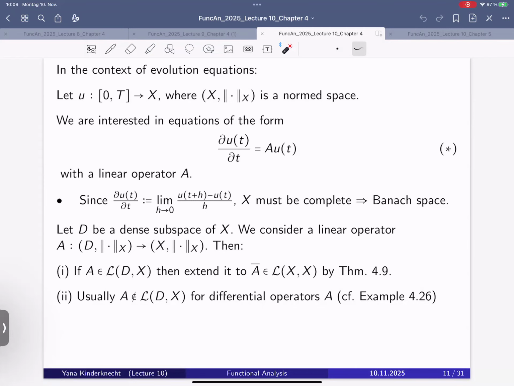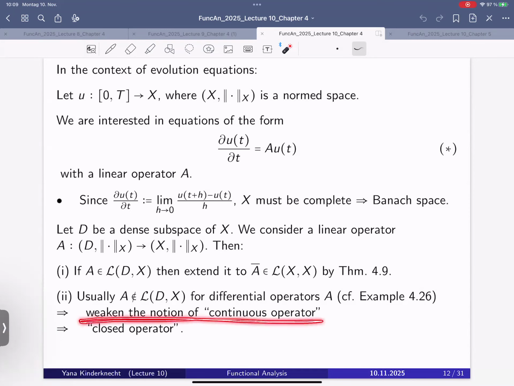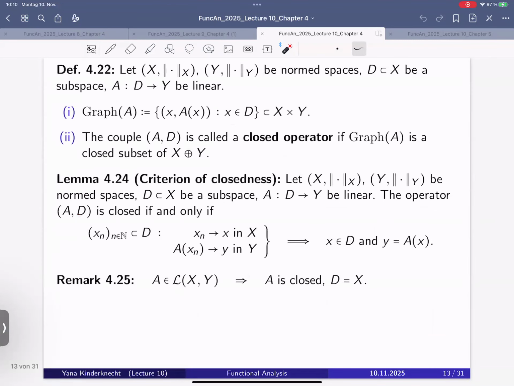So the idea is, let us weaken the notion of continuous operator so that we consider a bigger class of operators, which may be continuous, maybe not, but still not that bad. This leads to the notion of closed operator, and I recall it was defined in the previous lecture. So we have two normed spaces.